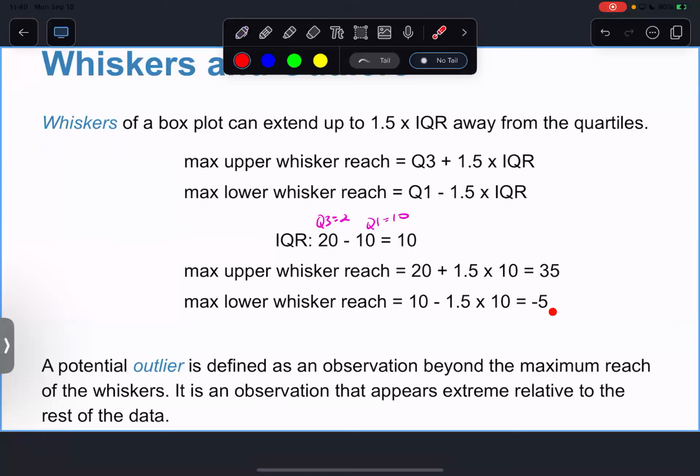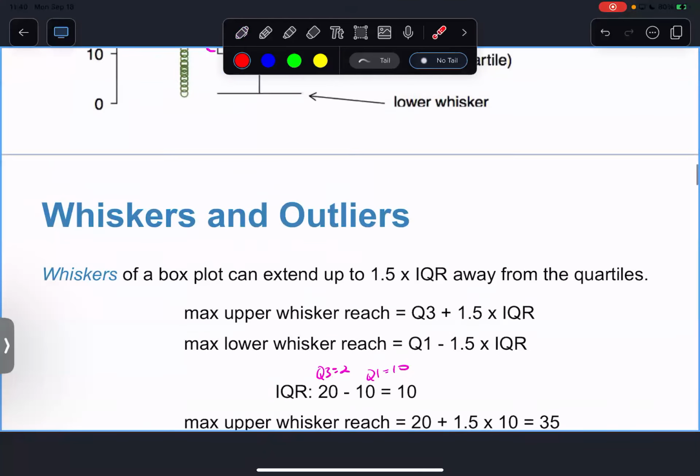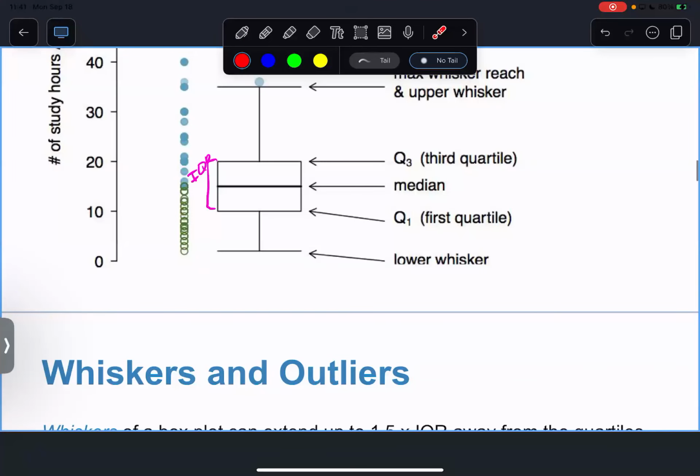Now this is supposed to match with what's here. And so why isn't this whisker going down to -5? This whisker was allowed to go to -5. Let's say that's somewhere here. But what happens is, we do all this work, we find where the whiskers are allowed to go to, and then we only show data points that are actually in the data.